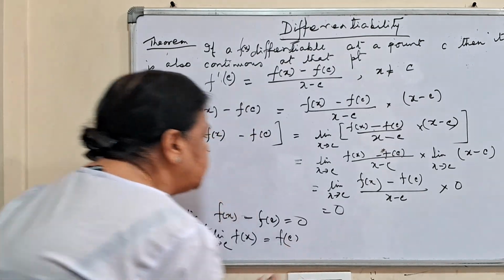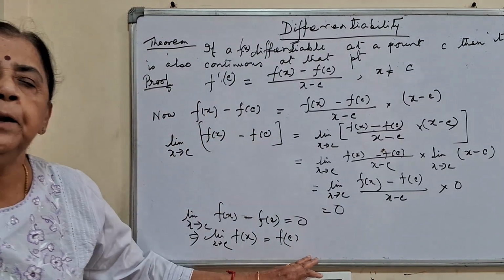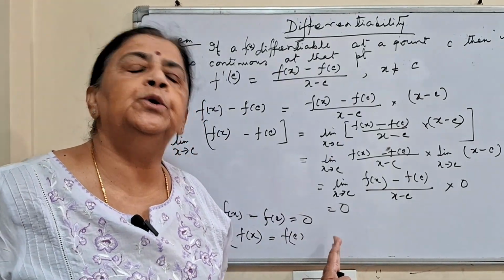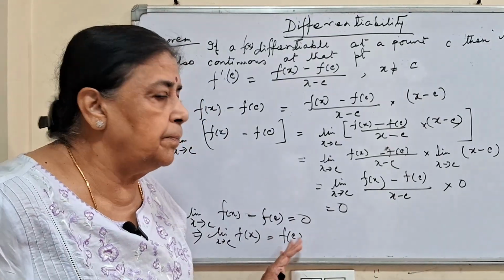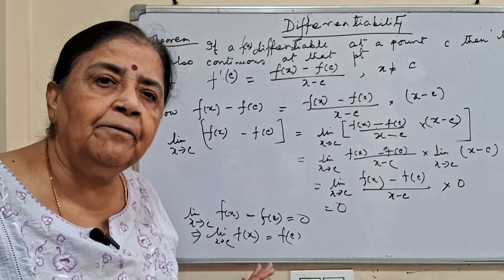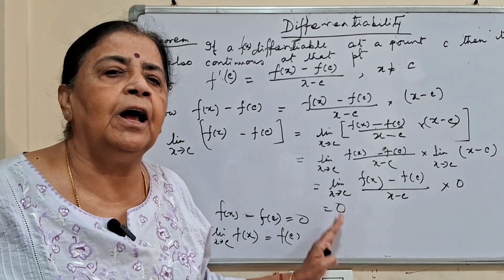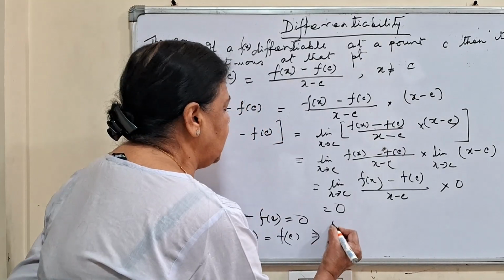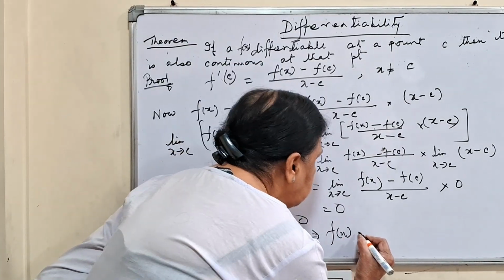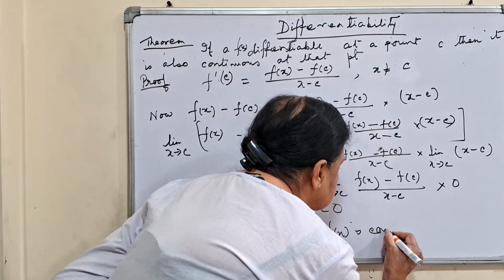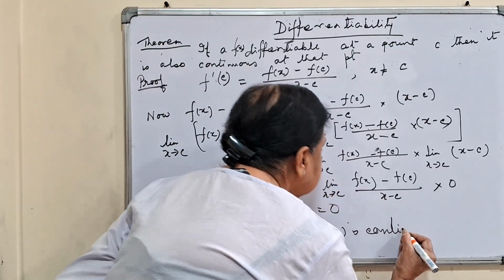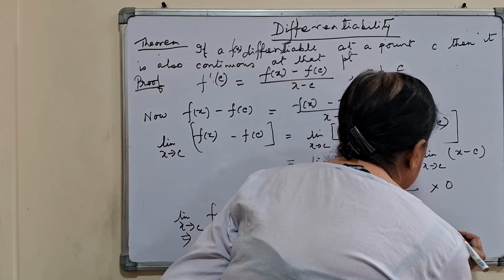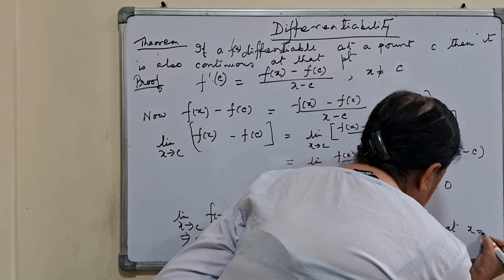What does it mean? It means the functional value is equal to the limiting value. It implies f(x) is continuous at x is equal to c.